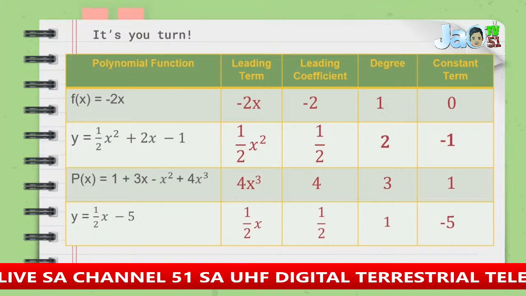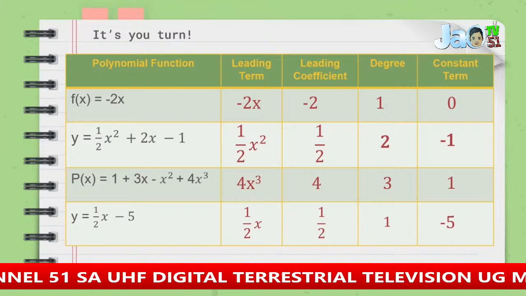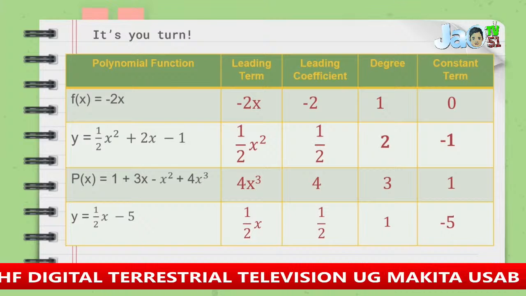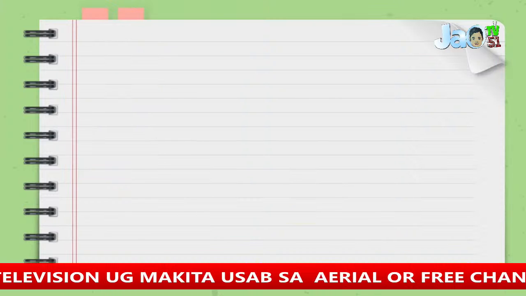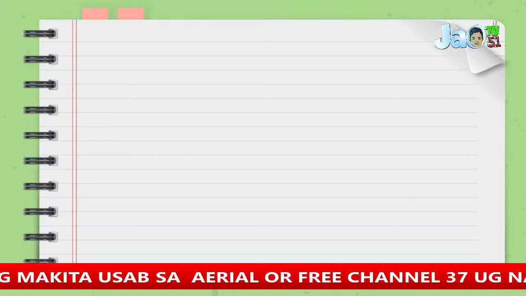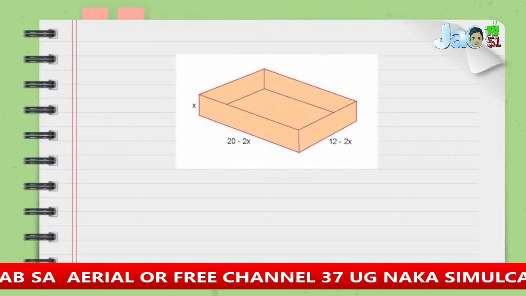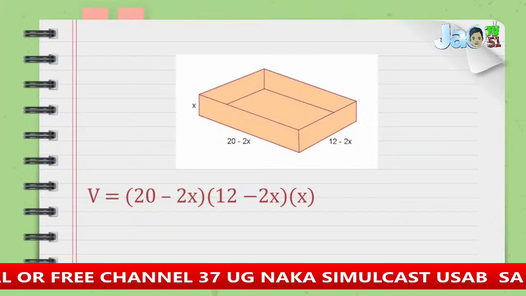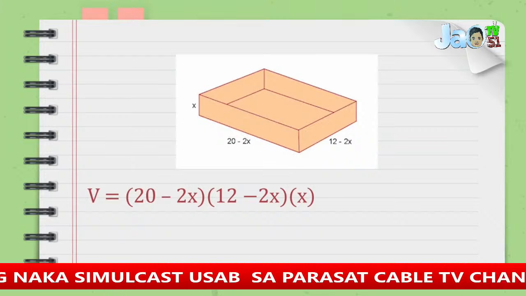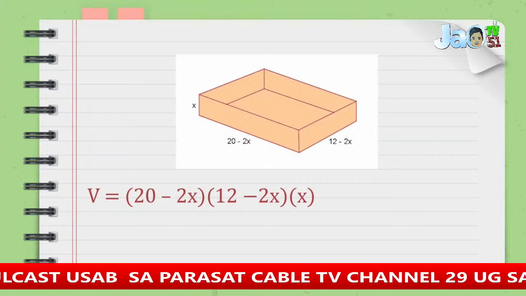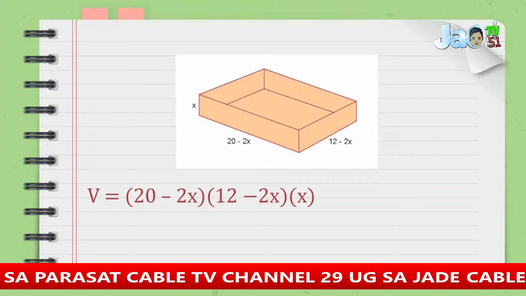I know you got all the correct answers. Is it easy? If you noticed earlier, the volume of our rectangular box is V equals the quantity of 20 minus 2x times the quantity of 12 minus 2x times x.